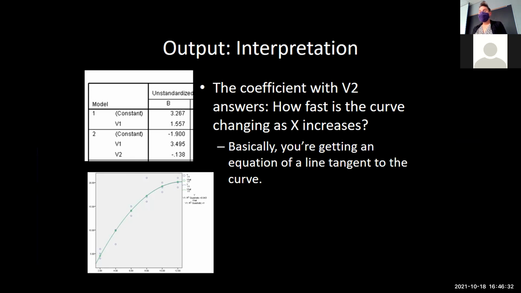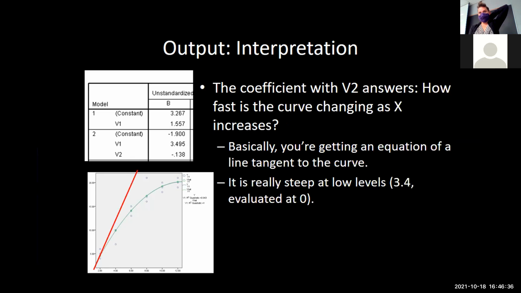So variable 1, just to get a little mathy on you here, which is the main effect, is the tangent of this curve. See how it just touches this line at one point. So this 3.5 is the tangent of this part.